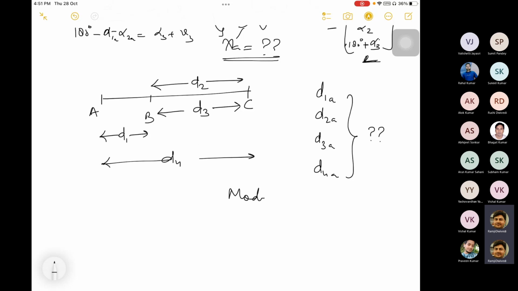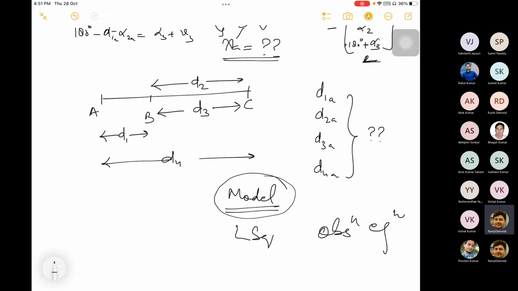Forget about the values. Just develop the model. I want the LSQ model based on observation equation. If you attempt this problem, then I would understand that you have got the concept.